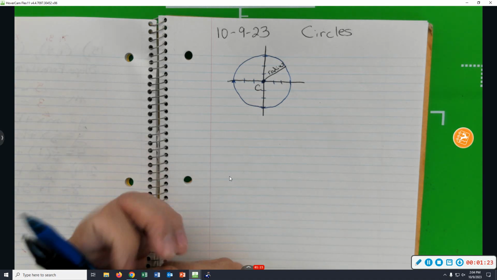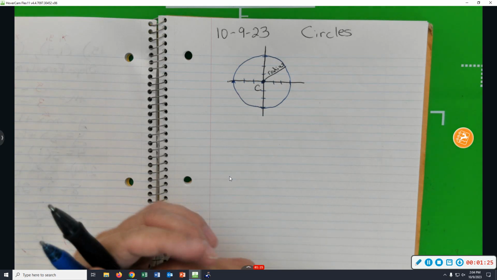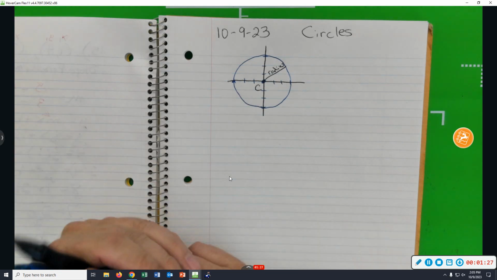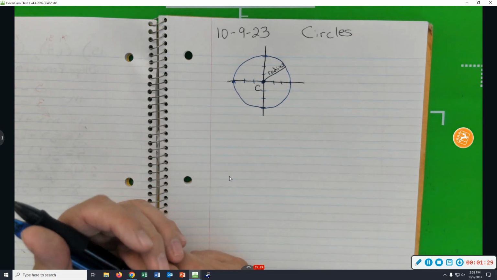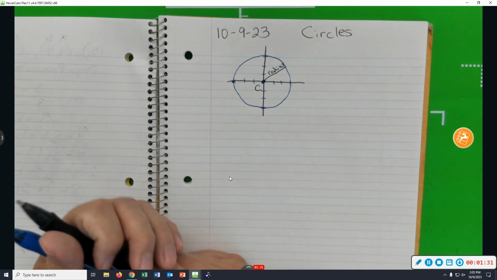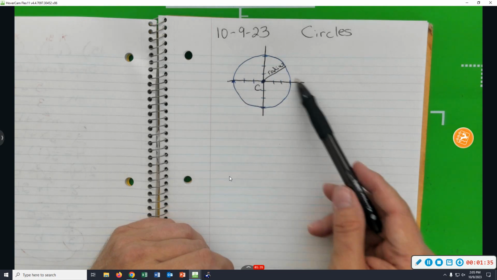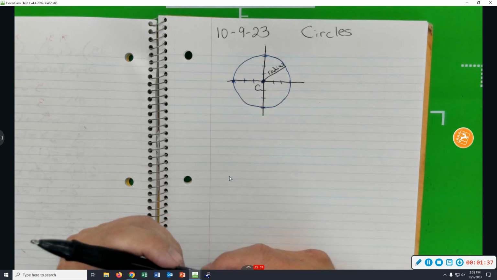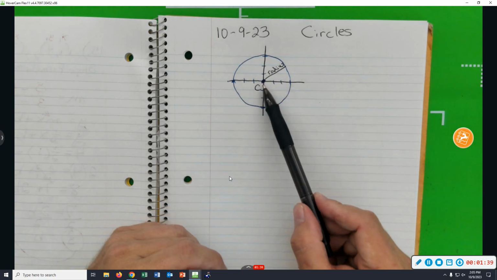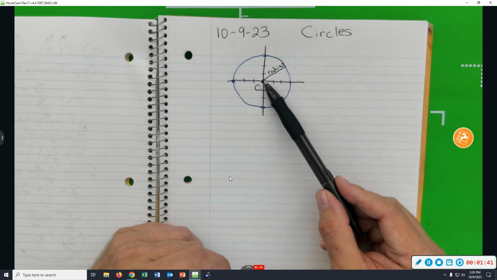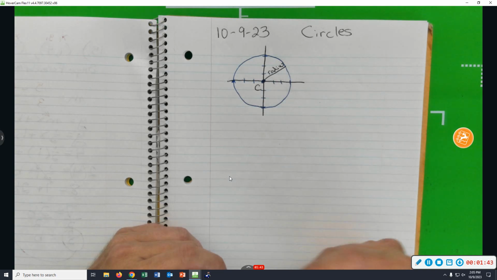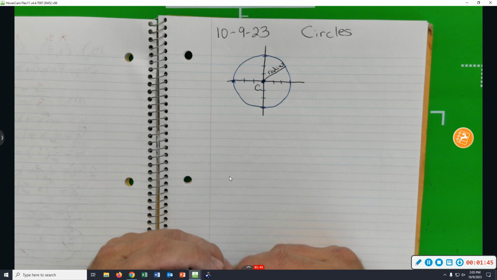And am I right in saying y'all know what a circle is? This algebra of a circle, something y'all wouldn't know yet, but it's the set of all points that are equidistant from a fixed point. That fixed point is called the center. That distance from the center to the outer edge is called the radius.